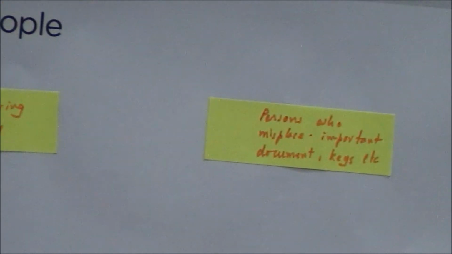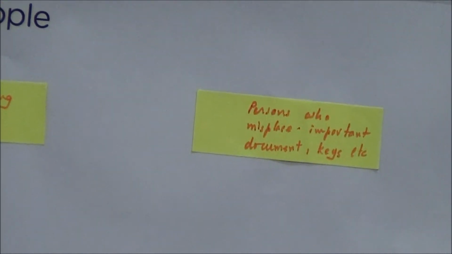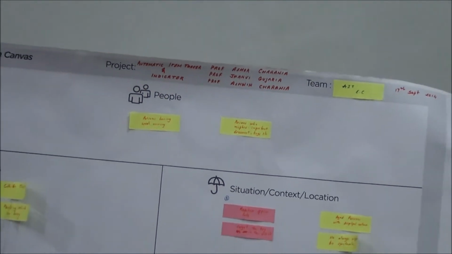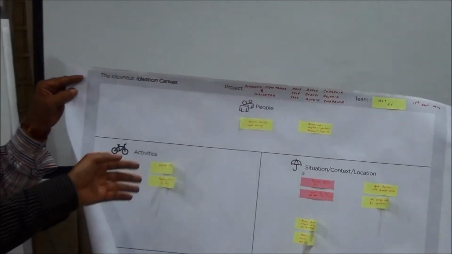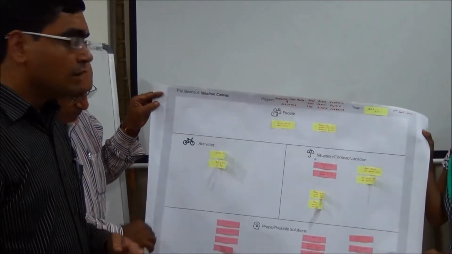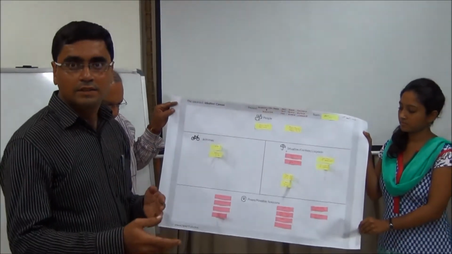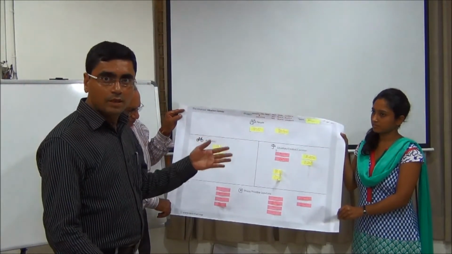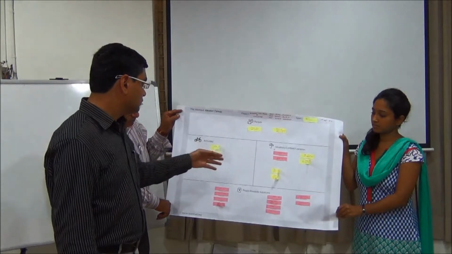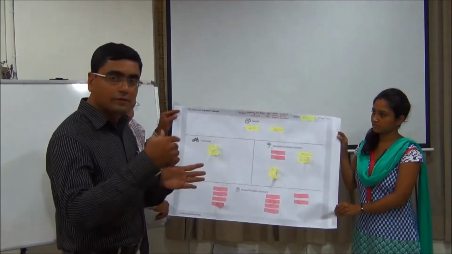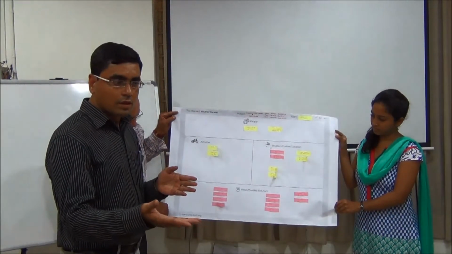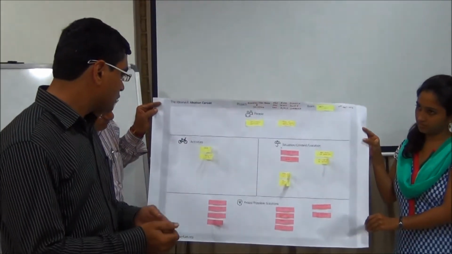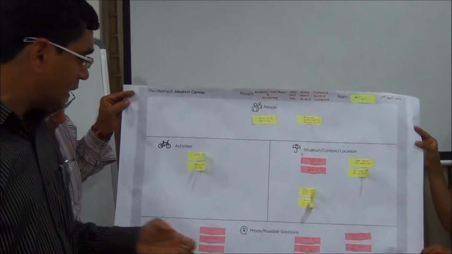For example, suppose a person is going to his office and in a hurry he forgets his keys on his bike, or while traveling in the bus he forgets his documents in the bus, or in this kind of situation he may forget his different documents or keys or any other things.